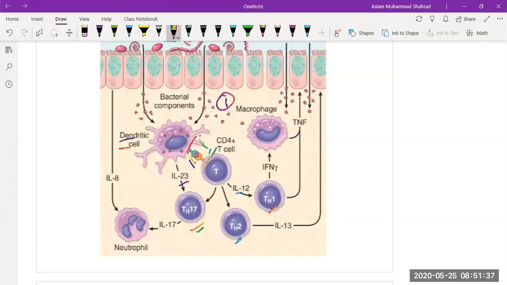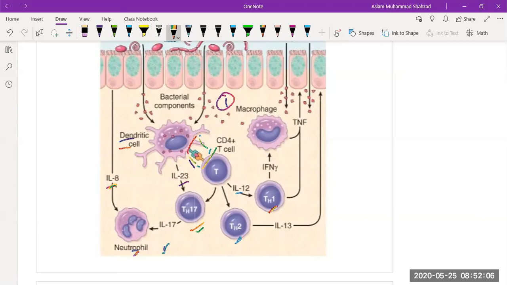Th17, with the help of interleukin 17, produces neutrophils, and it does so in two ways: either by an indirect mechanism through the binding of the dendritic cell with the T cells, or directly through interleukin 8, which is responsible for producing neutrophils.